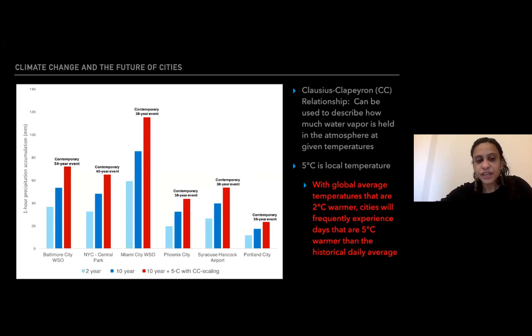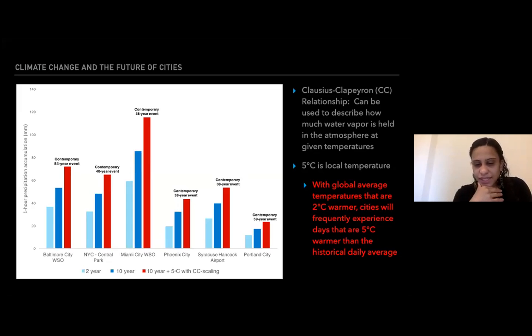Now I'm not talking about the global average temperature, I'm talking about the local temperature experienced in any given place. What is now an infrequent event, what is now an extreme event, is going to become a regular event.